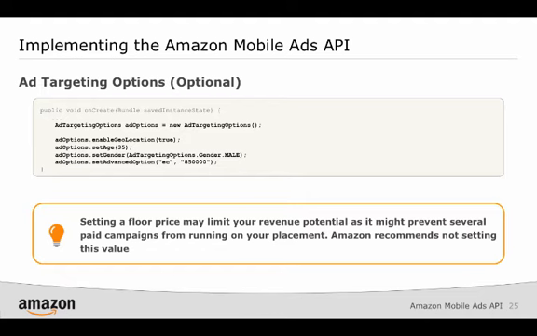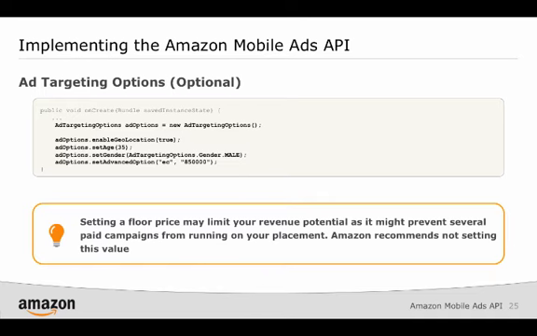Advanced option. Currently, you can set advanced options that set a floor price for ad CPM. When making load ad requests, you can specify a floor price in microdollars. For example, if you wanted to earn a minimum of 85 cents per thousand ads returned, then you would specify 850,000 microdollars.